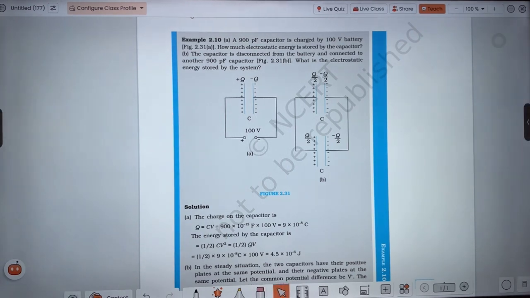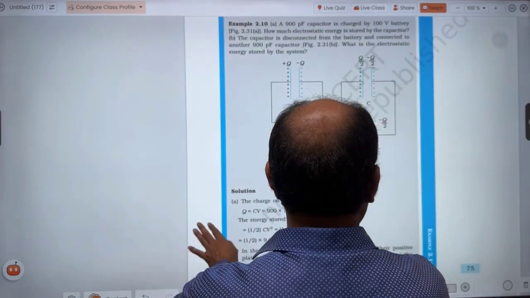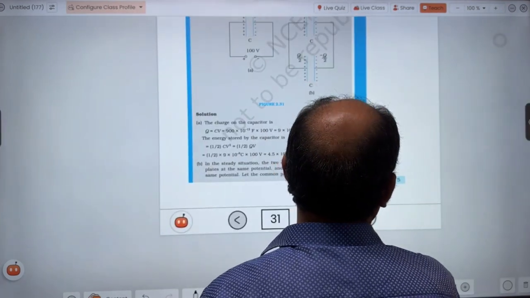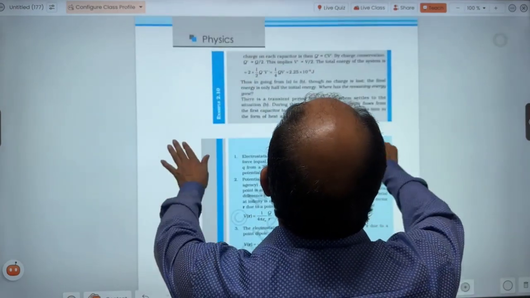Now, the second part of the question says the capacitor is disconnected from the battery and connected to another 900 picofarad capacitor. So what is the electrostatic energy stored by the system? Whenever we connect a capacitor to another capacitor, a common voltage is established.